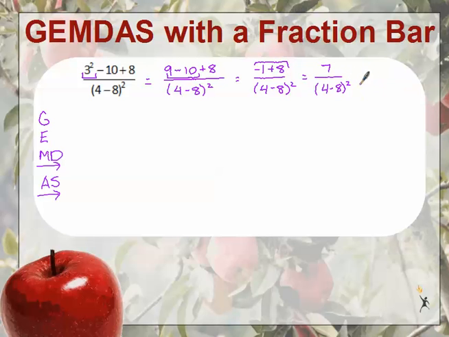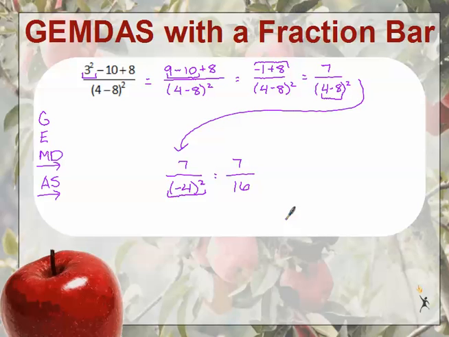Alright. Now I kind of ran out of space here, so I'm going to loop back around. So I'm going to do 4 minus 8. So now I have 7, and 4 minus 8 is going to give me negative 4 to the second power. And then I'm going to do negative 4 to the second power, solve my exponent. So now I have 7 over 16.